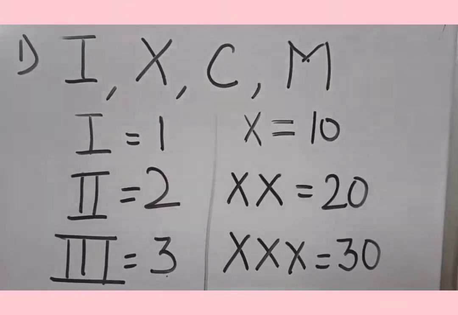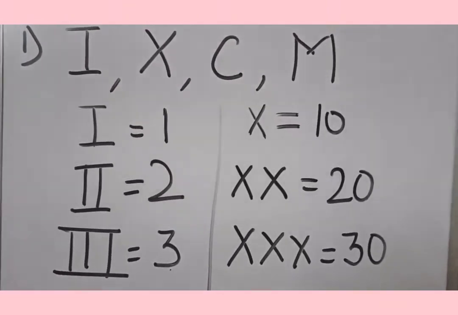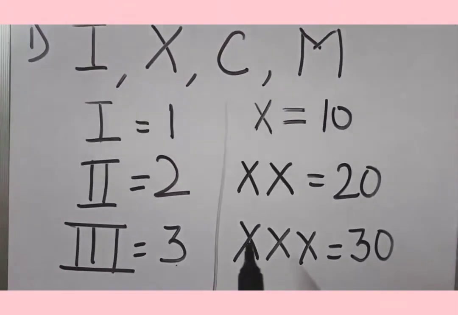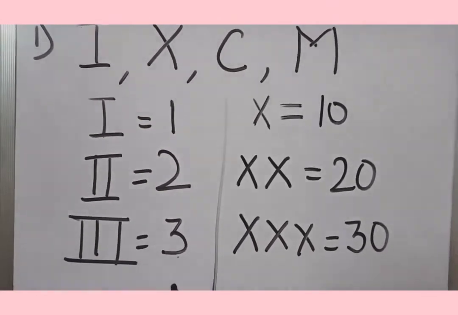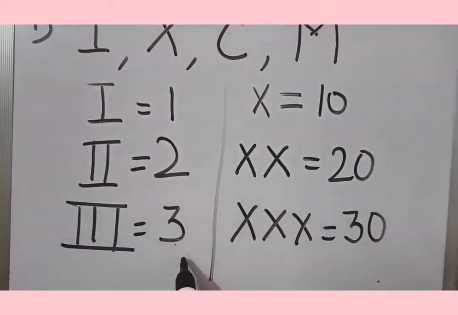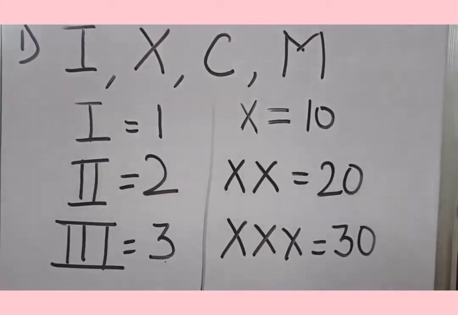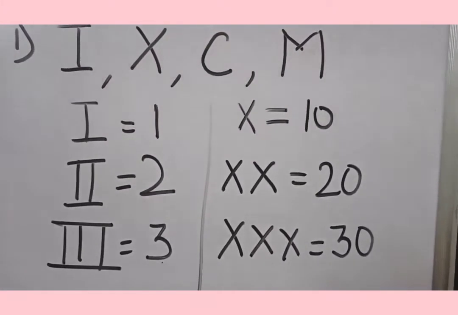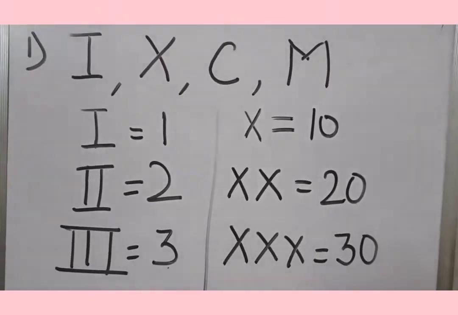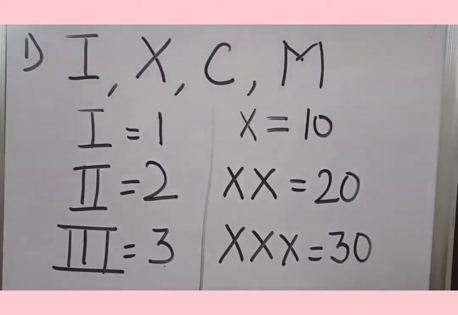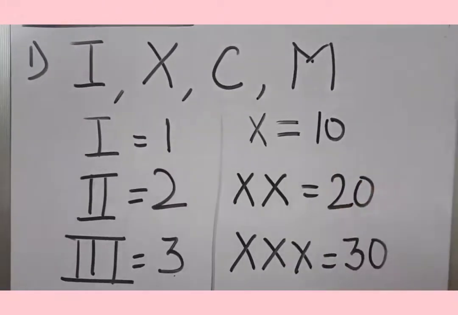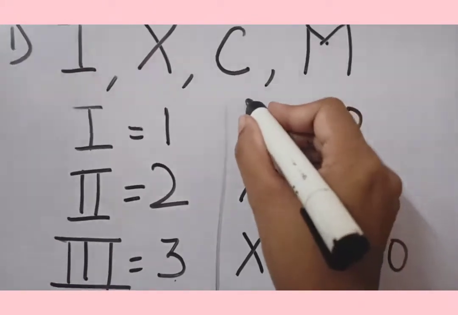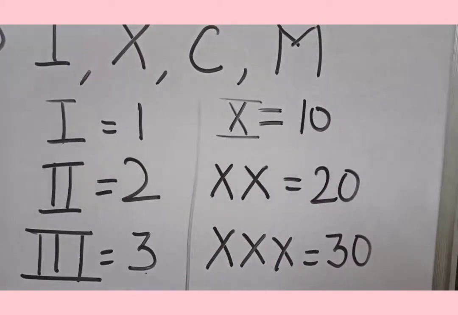Now, the next question is, if we can repeat them only 3 times, what about the next number? That means, what about 4 and what about 40? Before answering, I just want to tell students that many of you have a habit of writing these Roman numerals by putting 2 lines.